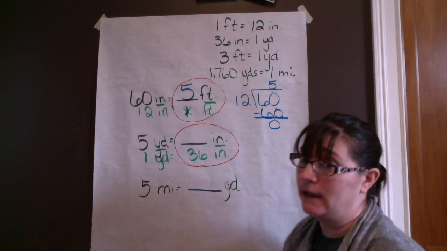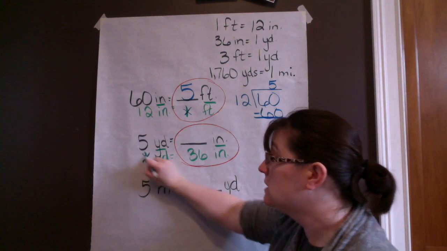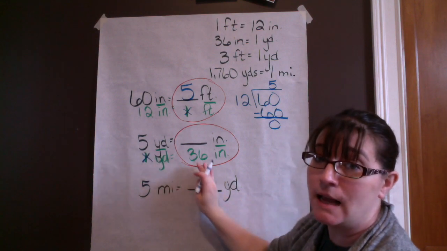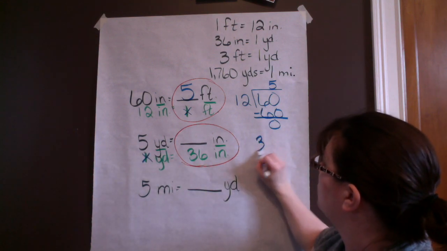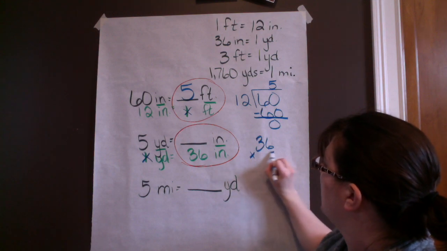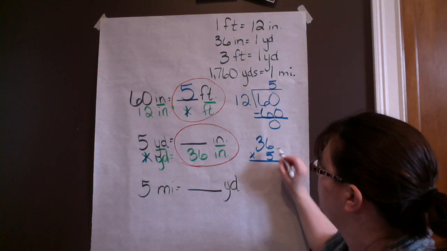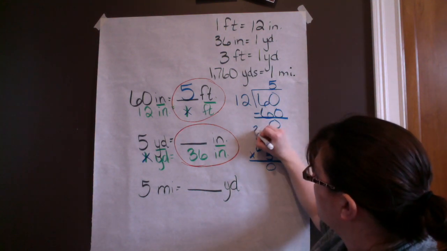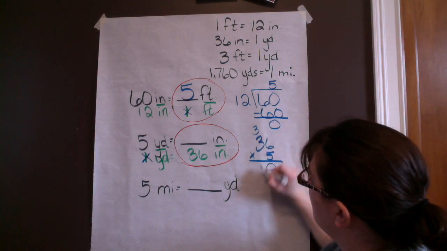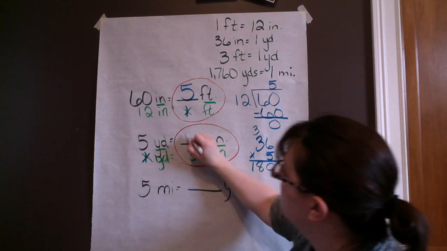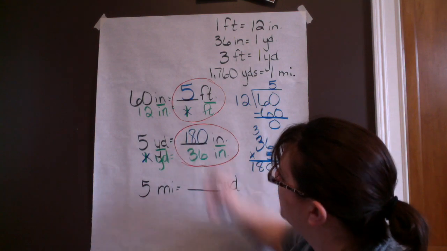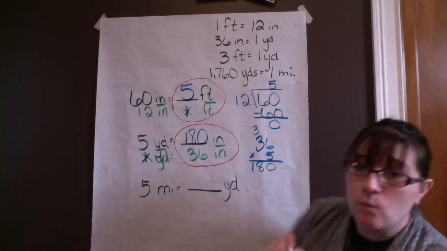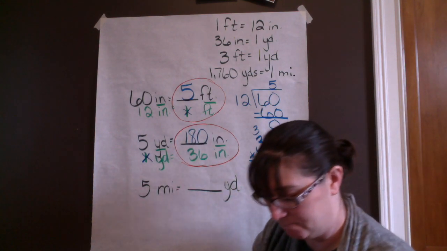I need to multiply. So I never use the 1. I use the 2 remaining numbers. So I'm going to take 36 times 5. That's 30, 15, and 3 is 18. So 5 yards equals 180 inches.